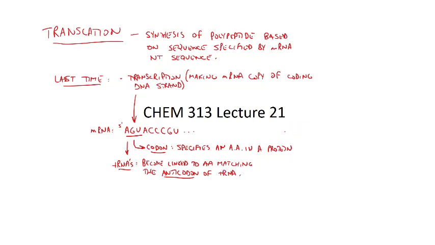So the example we gave last time for the codon was AGG. So this is what would be on the mRNA. And we said that the anticodon would be CCU. And that's what we have on tRNA.